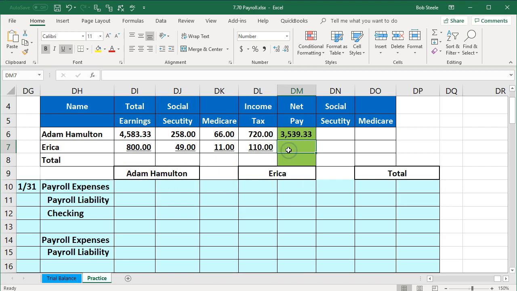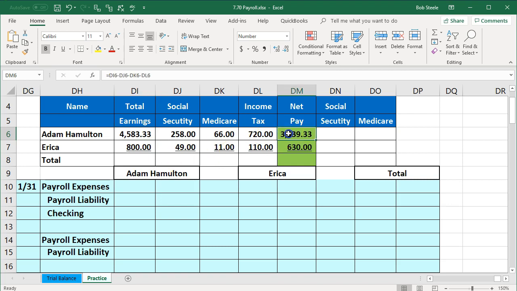We'd have to use tables. We do in practice, but we need the W-4 information, the exemptions, marital status, and then tables to do so. Net check then for Erica, 800 minus the 49 minus the 11 minus the 110. So we get 650.